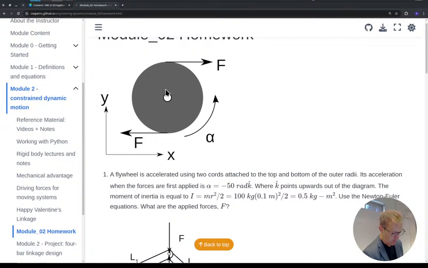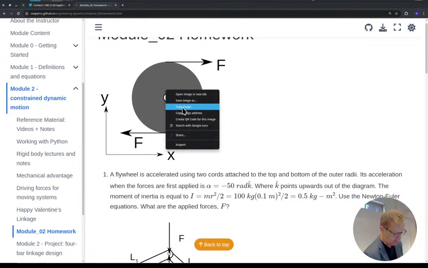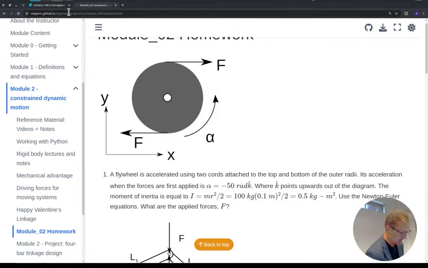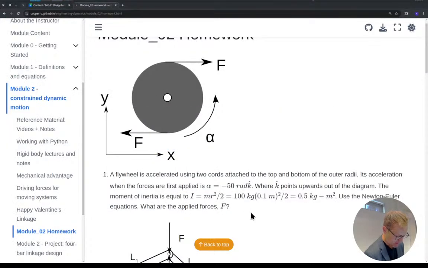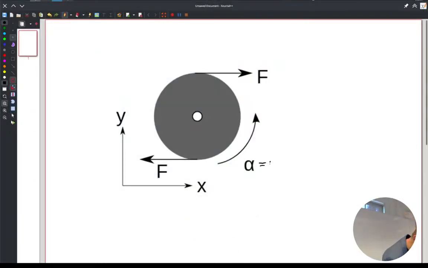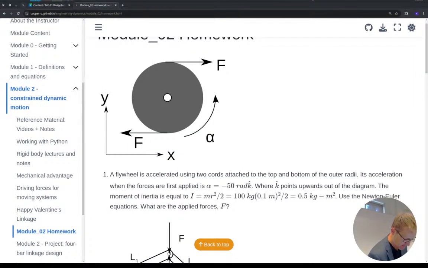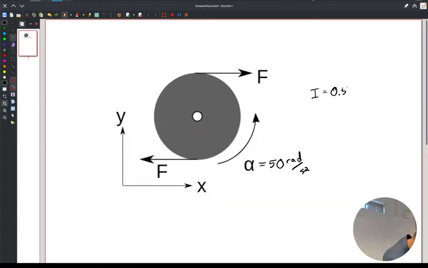So we know what we want it to do, but we don't know how to do it. That's this inverse kinematic problem. I know I want this to be 50 radians per second squared, and I know that I is 0.5 kilogram meter squared.